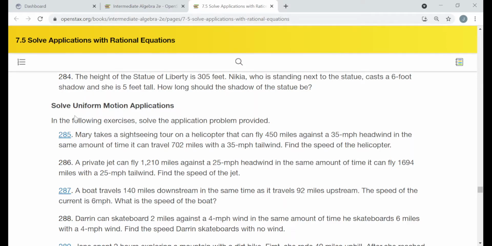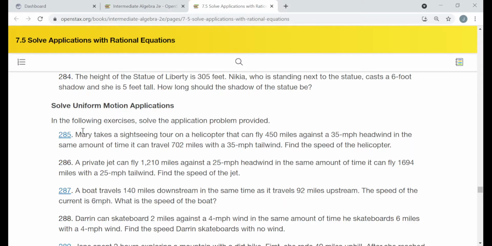And as I said, the title of the video is Solve Uniform Motion Applications. So, word problems involving the distance and speed and time that people are traveling for. And when they say uniform motion, that just means that you're traveling at a constant speed, right? The same speed.